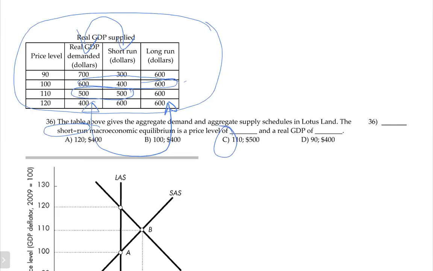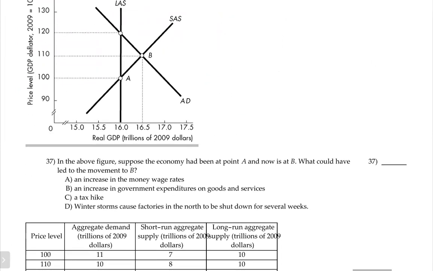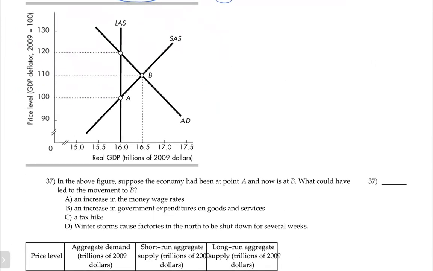Okay. So next one, 37. In the above figure, suppose the economy had been at point A. No, it was at A, and now it's at B. What could have led to the movement to B? Most likely this is caused by a demand shock.